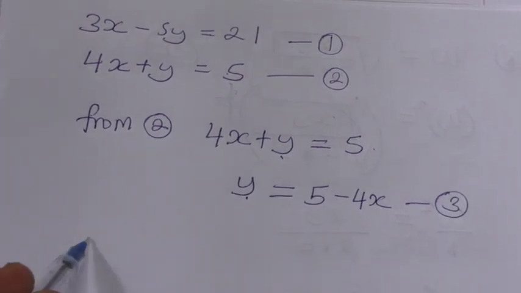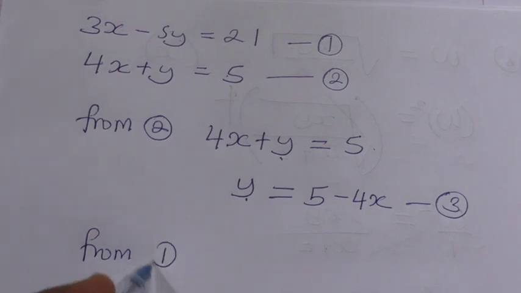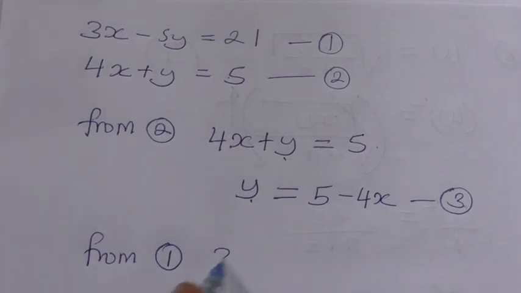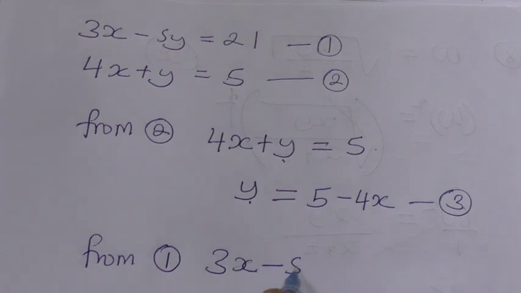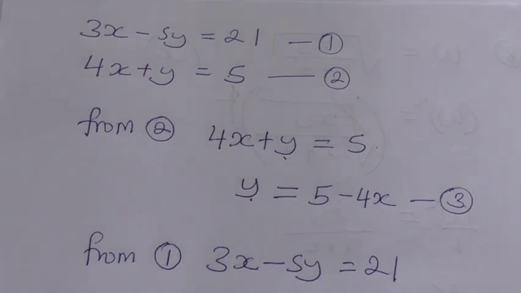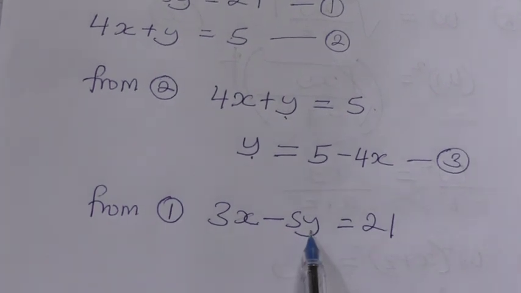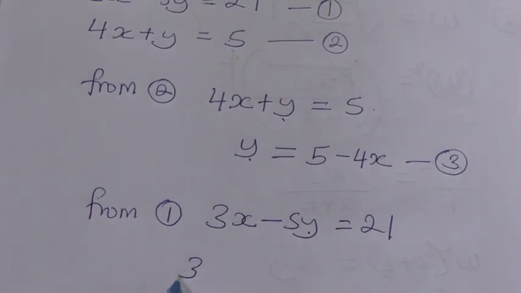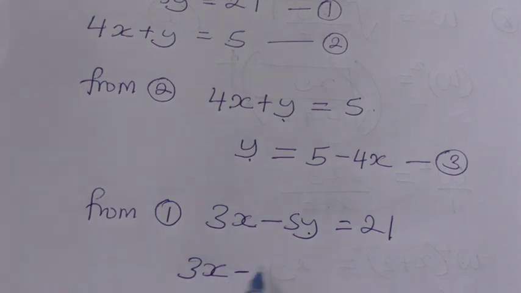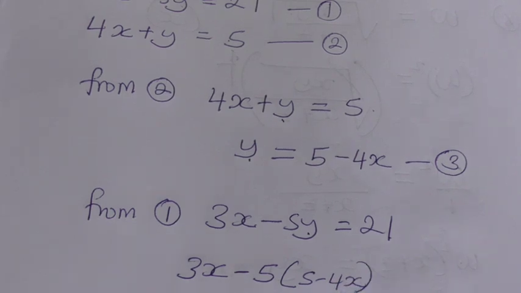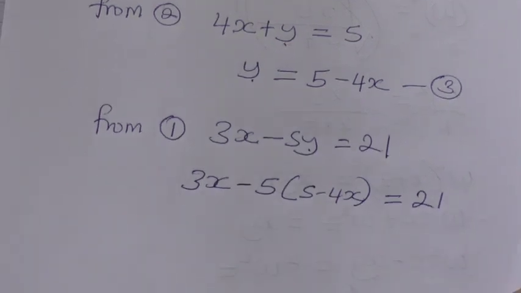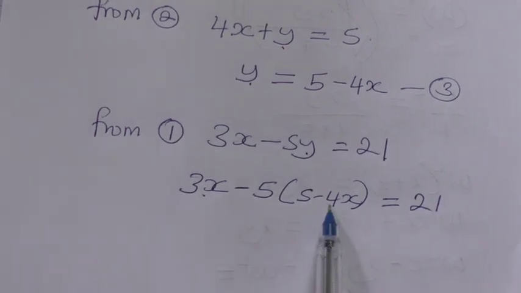From equation 1, which says 3x minus 5y equals 21, I will substitute for y, so it becomes 3x minus 5, open brackets, 5 minus 4x, equaling 21. You realize that after substituting for y, I now have only one unknown, which is x.